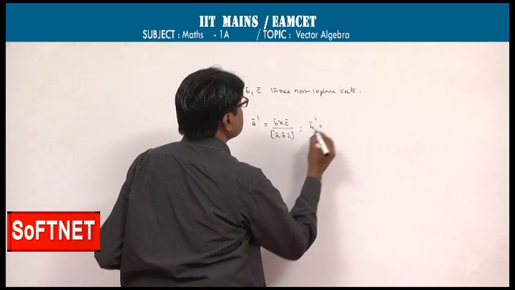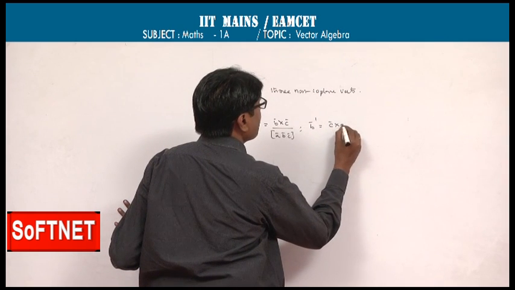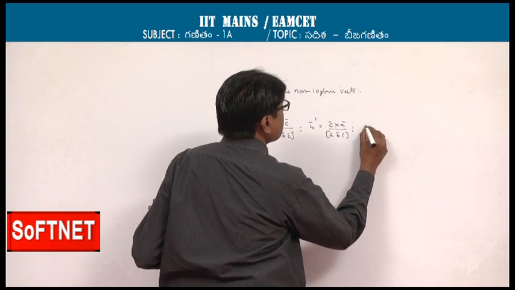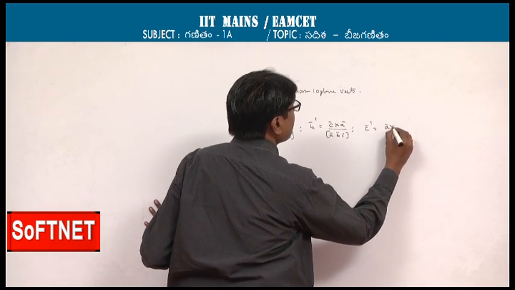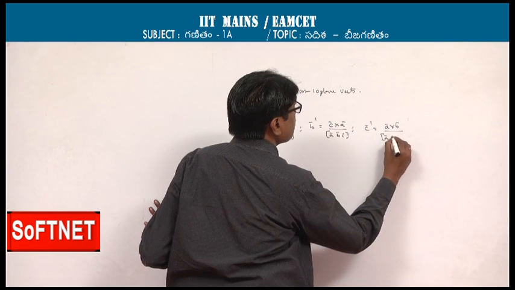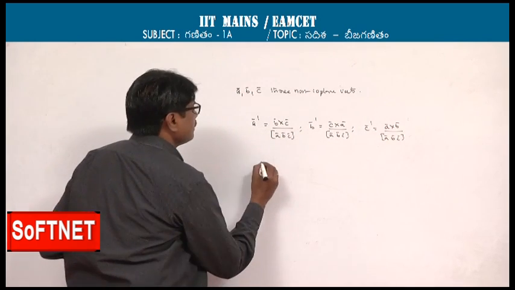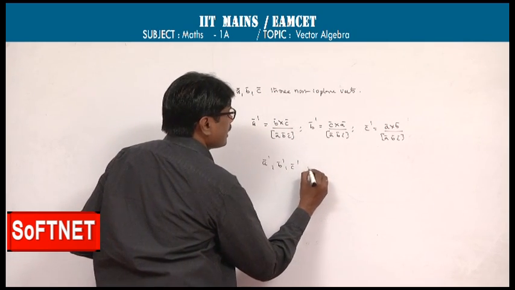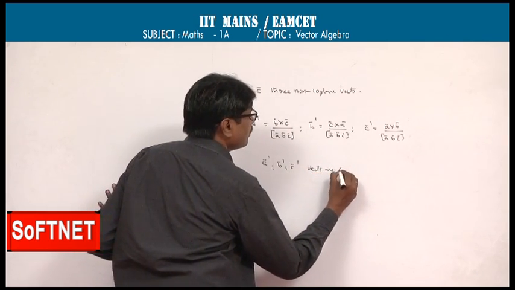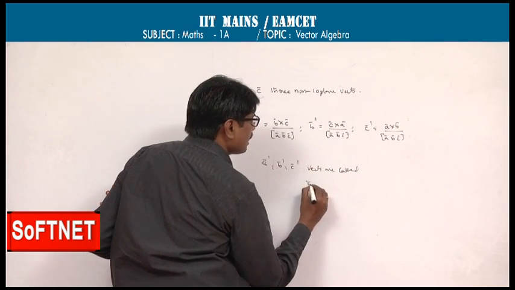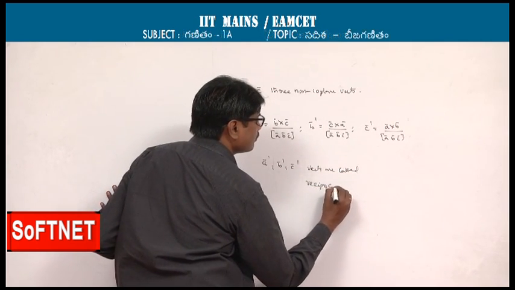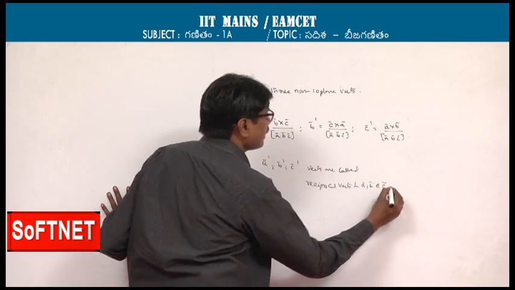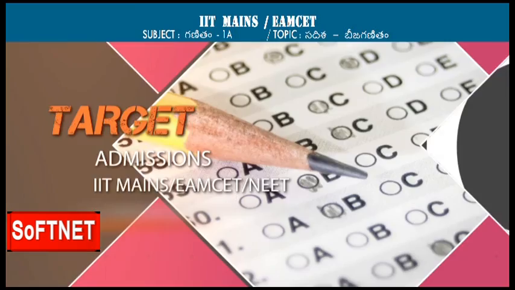B dash bar is equal to C bar cross A bar divided by box ABC. C dash bar is equal to A bar cross B bar divided by box ABC. Then these vectors A dash bar, B dash bar, C dash bar are called the reciprocal vectors of A bar, B bar and C bar. Take this as the definition of reciprocal vectors.